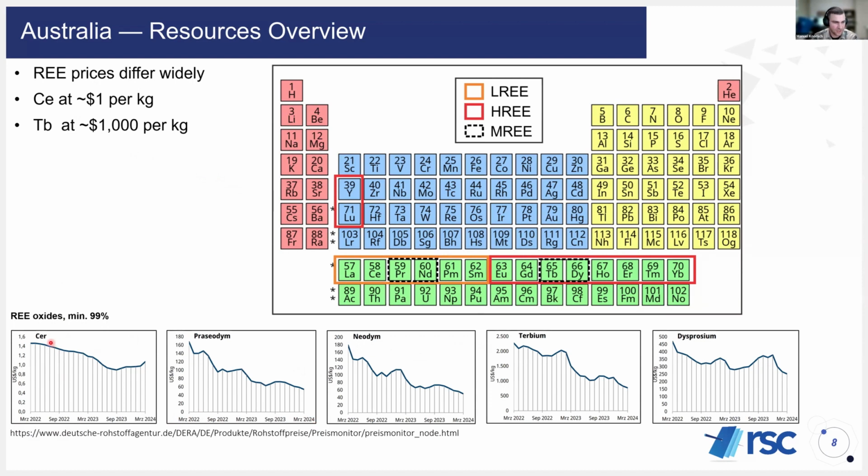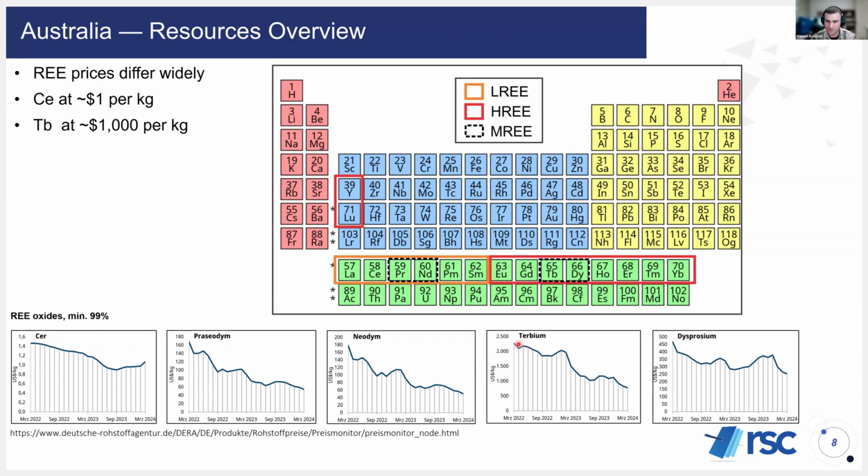And you can see cerium is just sitting at around 1 US dollar per kilogram. So there's quite a lot of cerium that's being mined from mineral sands and also from carbonatites. Given the low grades that those clay-hosted rare earth deposits have, it's considered a waste product, so you can't really sell it on. But then the money is made, especially here in terbium, dysprosium.